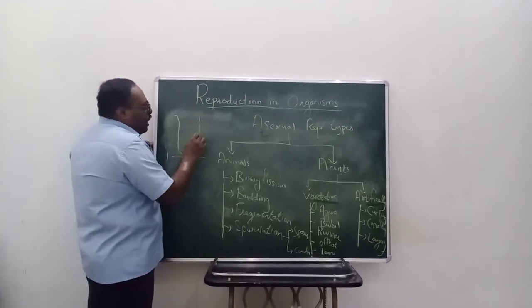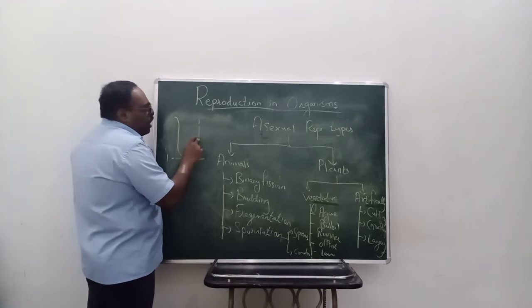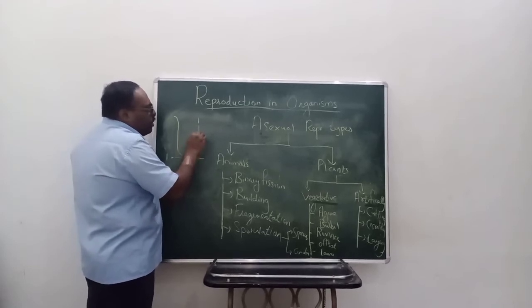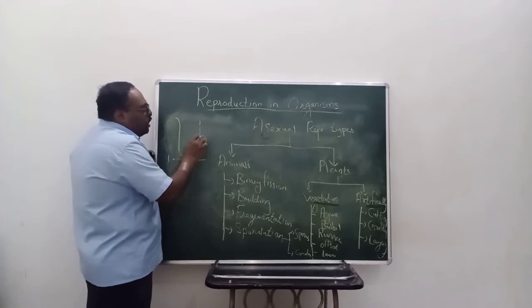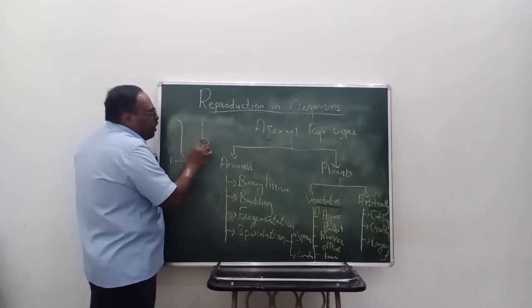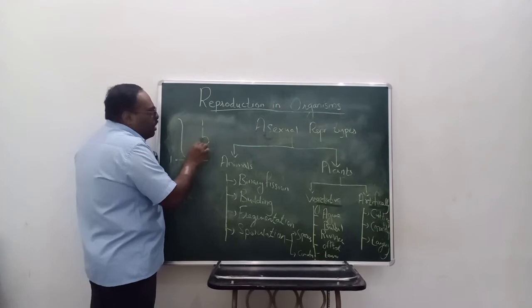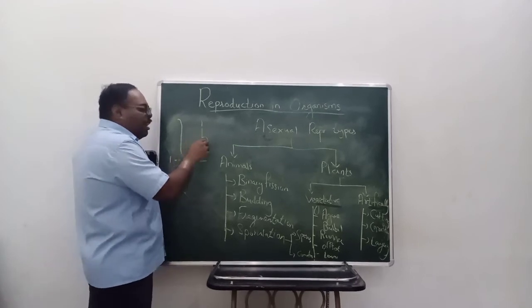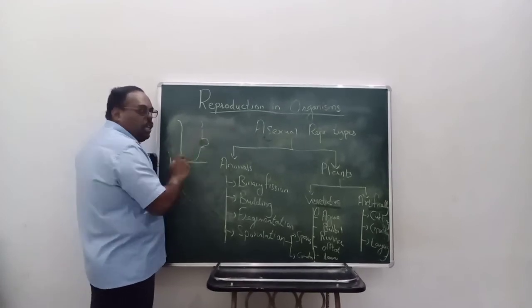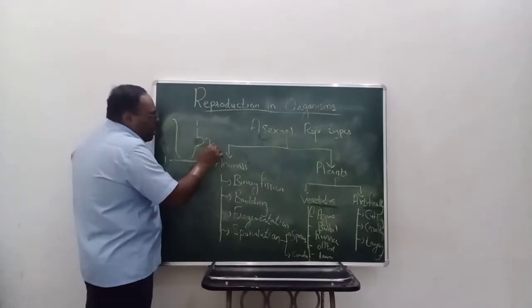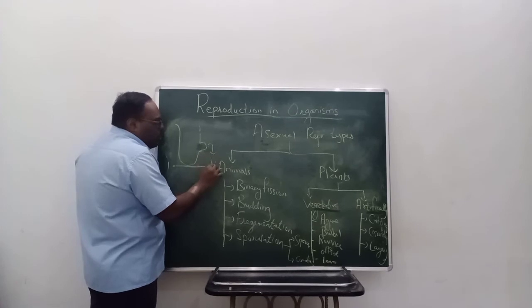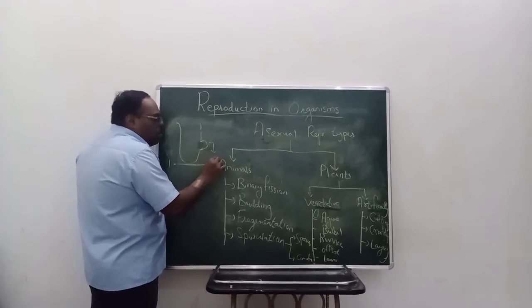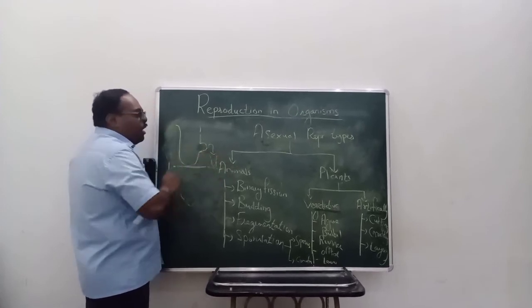One part of the hydra, any one cell of this hydra, will form a bulge like this. This bulge will be present till it reaches maturity. Then it will fall down to a new area, and it will grow into a newly developed hydra.